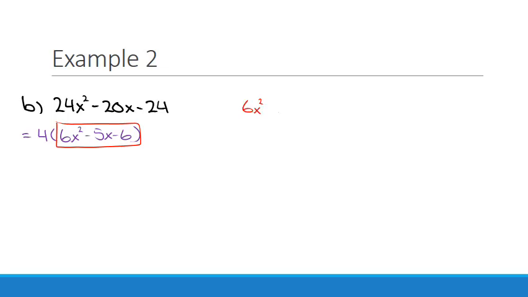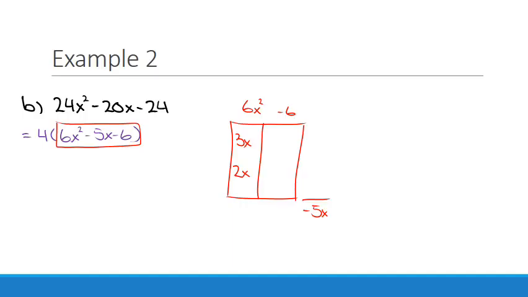6x squared. This is negative 6. If you don't like this method, do decomp yourself. See if it matches my answer. Should add up to negative 5x. So 6x, again, I'm just going to go 3x and 2x. And then I got to play with my factors of negative 6. So if I go 3 and 2 again, I'd get 9 this way. I'd get 2 this way.